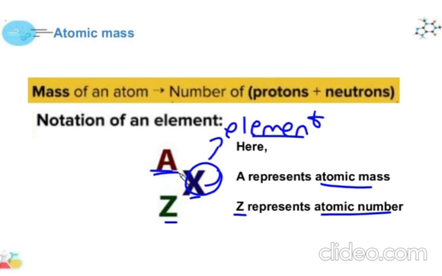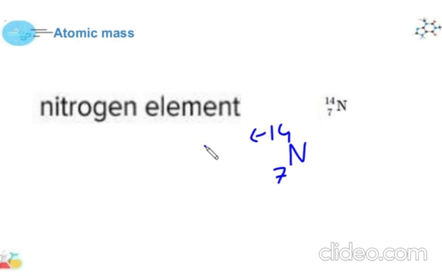Just have a look: for nitrogen, I write it as N, 14 and 7. So 14 is A, the atomic mass, and 7 is the atomic number.